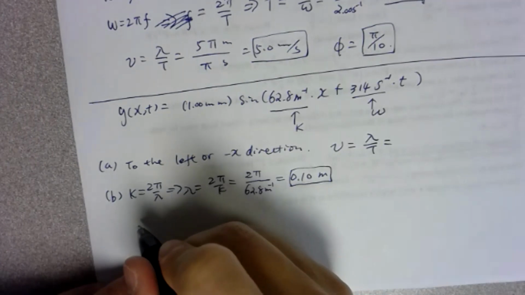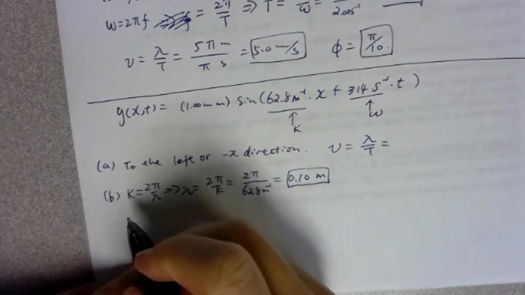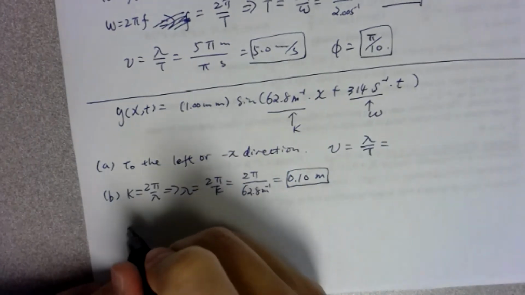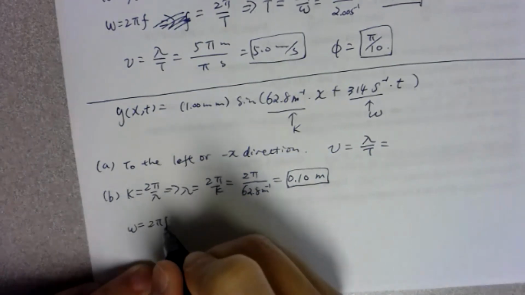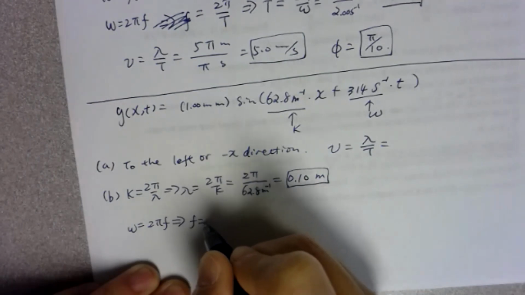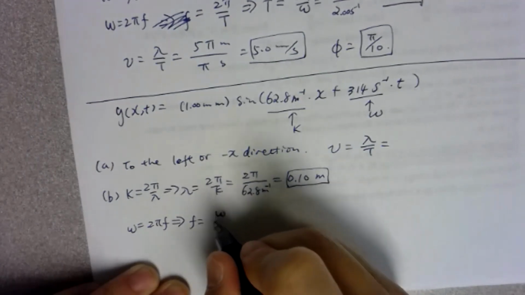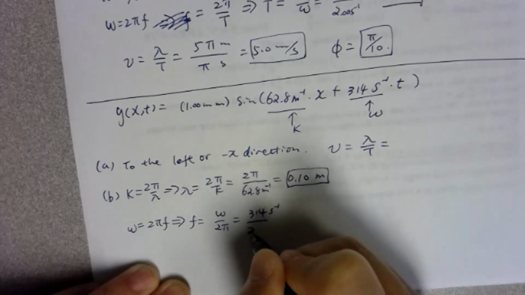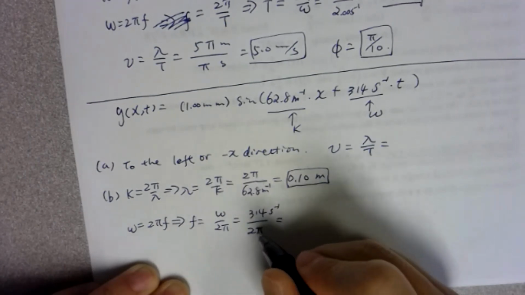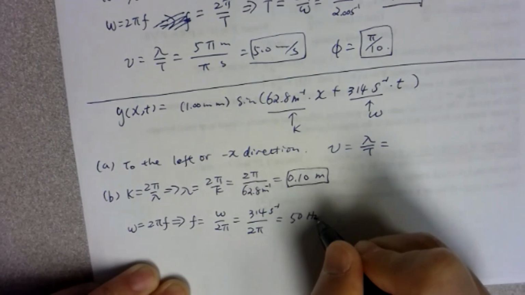For the frequency, omega equals 2 pi f, so frequency equals omega over 2 pi, which is 314 inverse seconds over 2 pi. So that's 50 hertz.